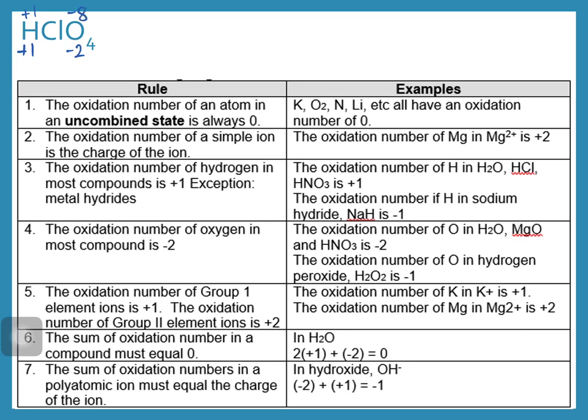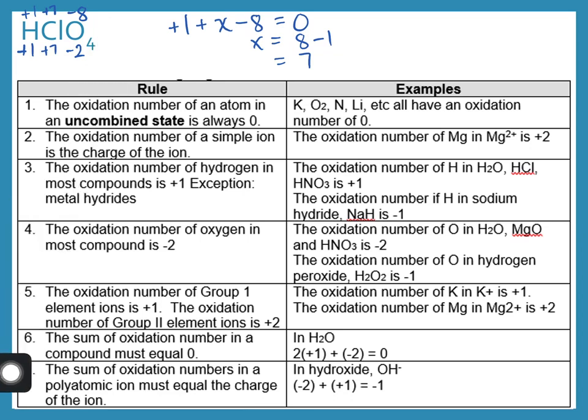And overall this has to equal 0. So I have +1 plus whatever chlorine is, -8, and that has to equal 0. So that must be a +7 then. So +1, a +7 is +8, and then I have -8 from the oxygen. So overall, I have 0 for the compound, which was one of the rules as well.